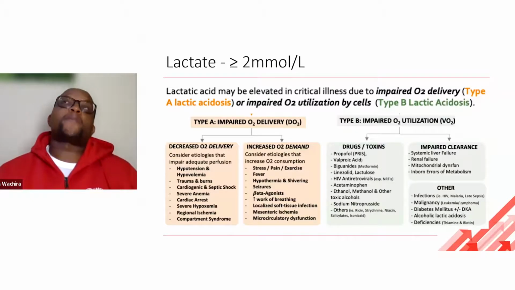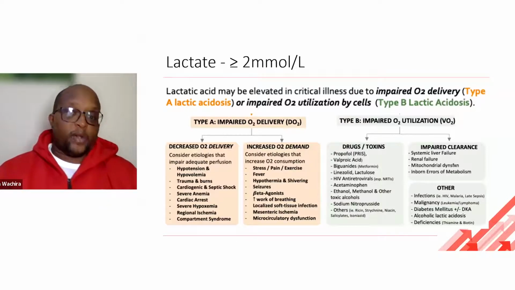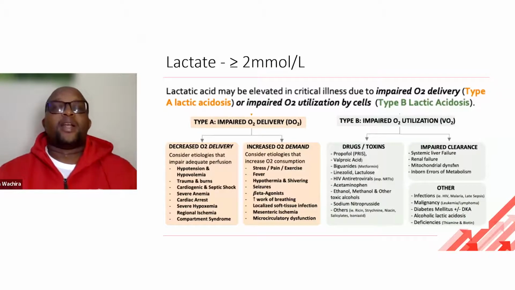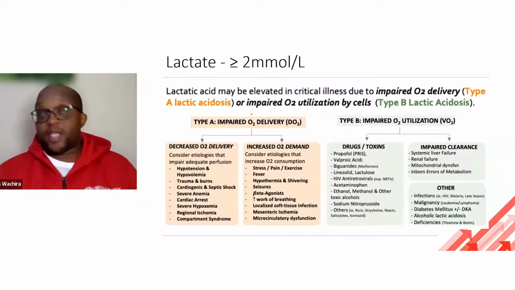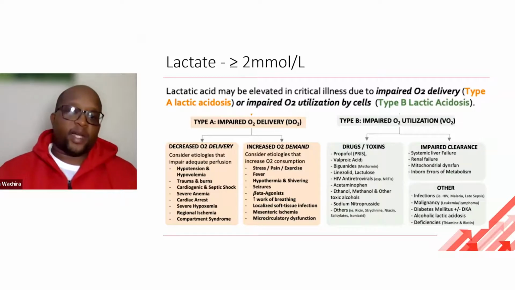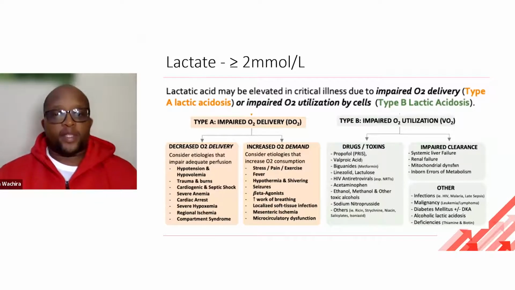But you can also get a situation where the oxygen is being delivered, but it's not enough, okay? You try running up a mountain or something, your oxygen is being delivered, but your body needs more oxygen, but there's actually not that much oxygen available. So stress, pain, fever, hypothermia, shivering, seizures, all this increased oxygen demand.